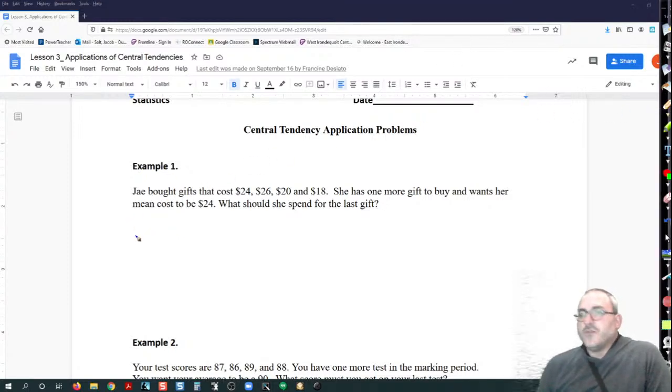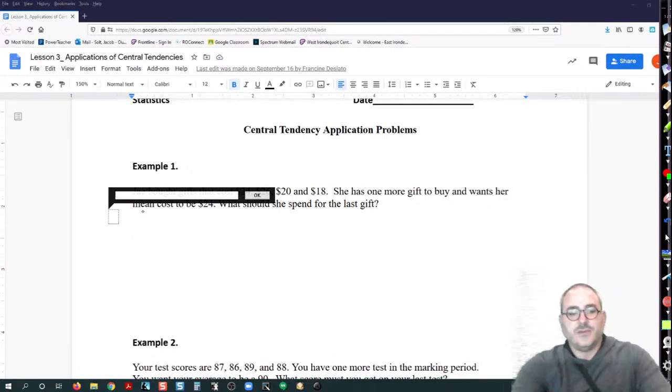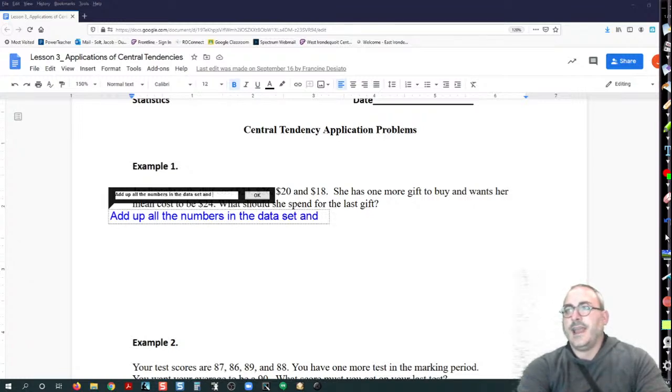Okay, so remember what the mean is, right? To get the mean, what do we need to do? Well, we need to add up all the numbers in the data set and divide by the number.